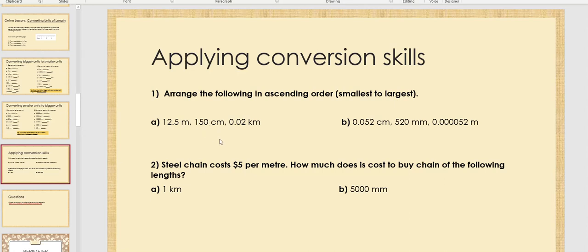But I know that if I convert the bigger units, so the bigger units are meters and kilometers, to centimeters, which is my smallest unit, my number will get bigger. If you start with bigger, your value gets bigger. And that will help me maybe to avoid decimals. So I'll convert my bigger units to the smallest one. In this case, it's centimeters.